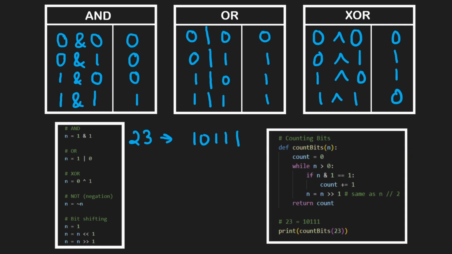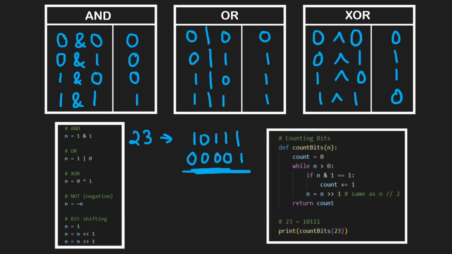So now we're basically going to count 1 by 1. We're going to check the ones place. Is there a 1 bit here or is it 0? How do we know? Well, we can use the logic AND operator, the bitwise AND. By taking n, which is right now 23, and bitwise ANDing it with 1, we're going to get an operation that looks something like this.